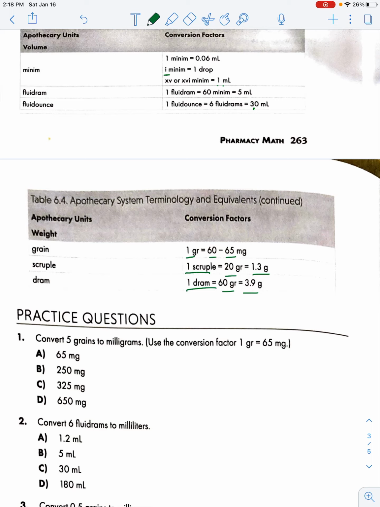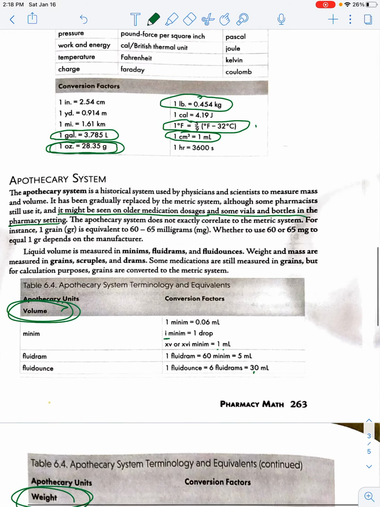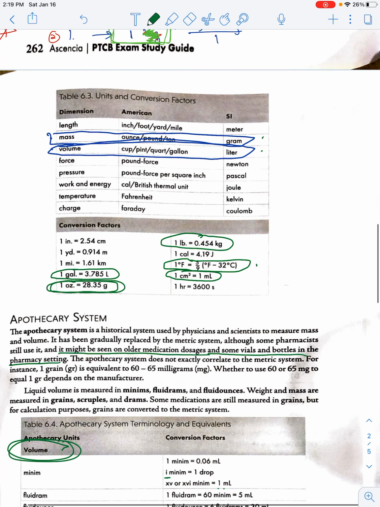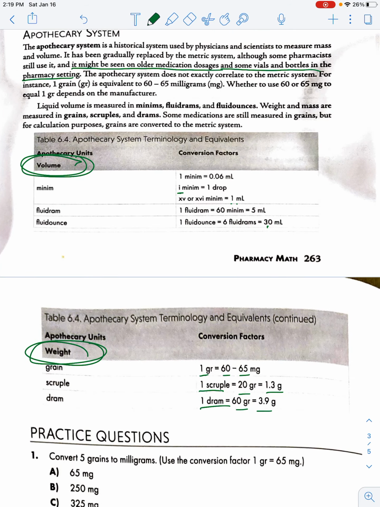These are conversions I would remember because here, again, what are these apothecary units measuring? Volume and weight. Those are the most relevant units to a pharmacist. So when we're talking about the American and SI units, you want to make sure you have memorized, if nothing else, mass and volume units and their conversions, and the apothecary units, volume and weight.